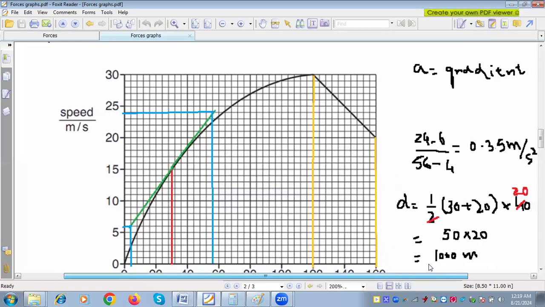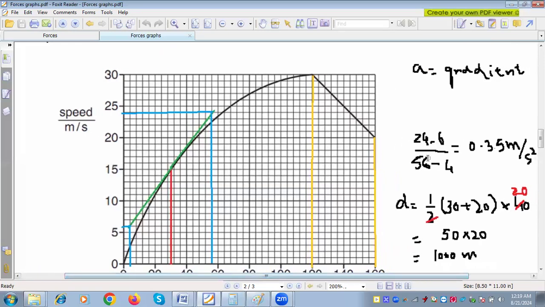The working is shown here: 24 minus 6 divided by time, y2 minus y1 over x2 minus x1. What is the formula of the gradient? y2 minus y1 over x2 minus x1. So the gradient is calculated, and it comes to 0.35 meters per second squared.